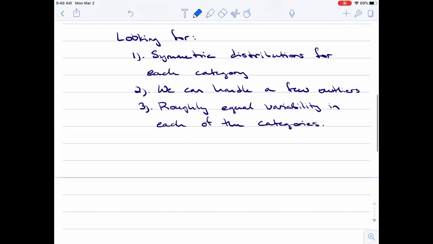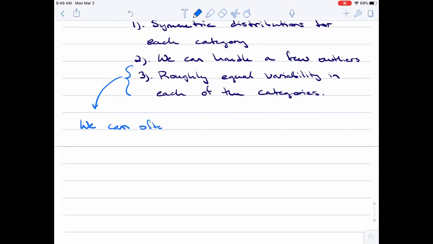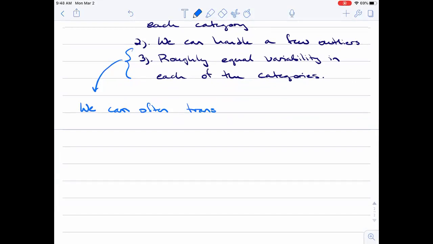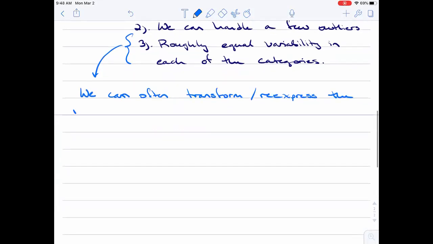So here, we can often transform or re-express the response variable if the variability in the categories is different, or if this condition is not met.